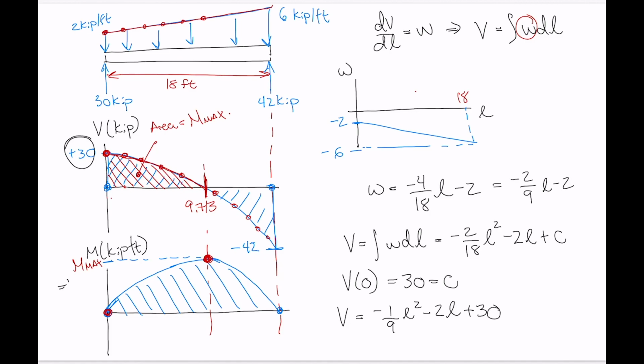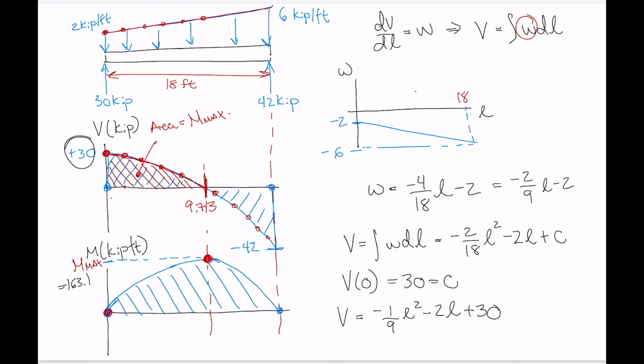So, again, the graphical method, very, very quick. We were able to draw the general shape of the moment diagram and the shear diagram very fast. The graphical method doesn't completely save you from doing any math, but the math on this is very quick to figure out what the maximum moment is.